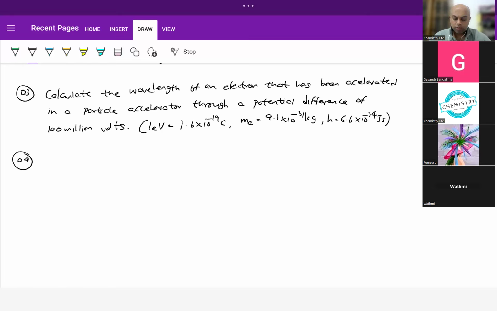So 100 million volts, and some information is given.